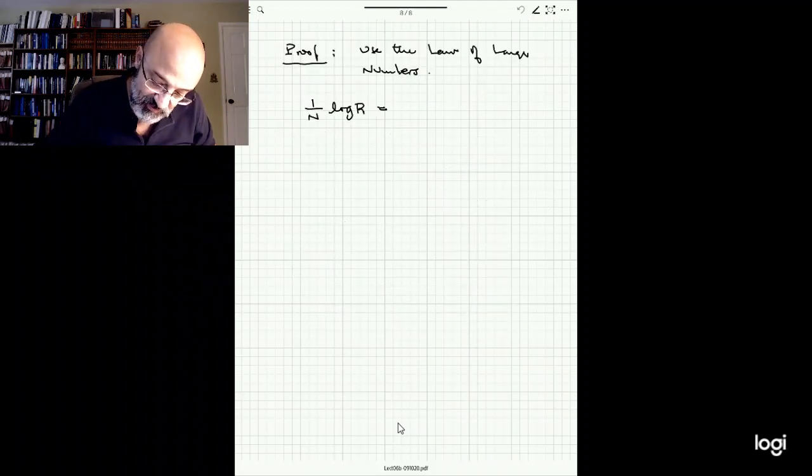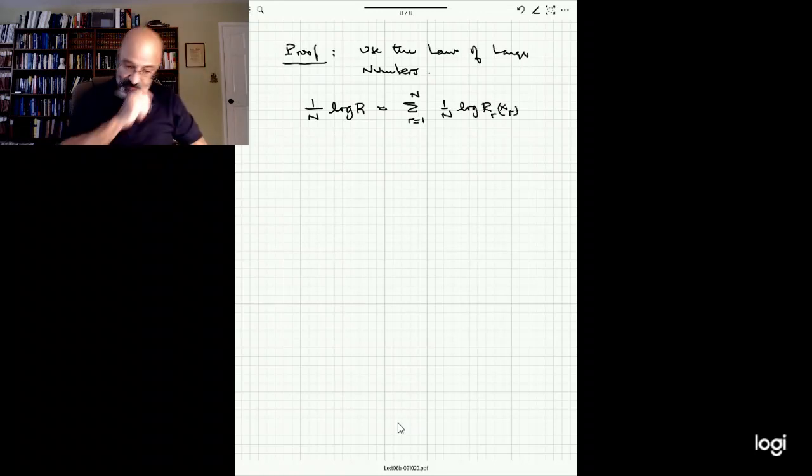And so what we have here is going to be the sum over r equals 1 to n of 1 over n, the log of r x r.